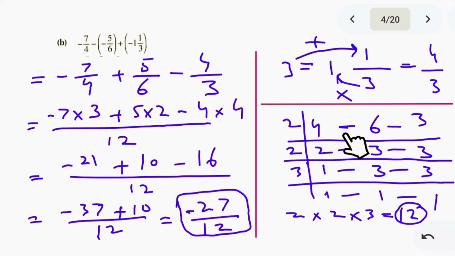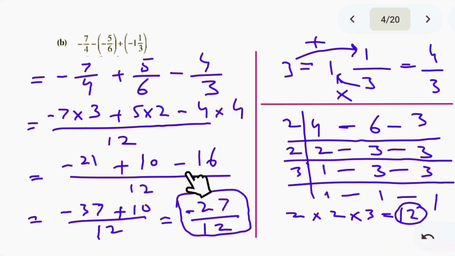Like 4 and 6 are divided by 2, so we write 2 2s are 4, 3 2s are 6, and the one that is not divided by 2, 3, is written as such. Next time again we divide by 2, but because 3 is not divisible by 2, it will be written the same, and in the next part we do it with 3. So all these numbers are then multiplied with each other to get the LCM, that is 2 into 2 is 4, 4 3s are 12.